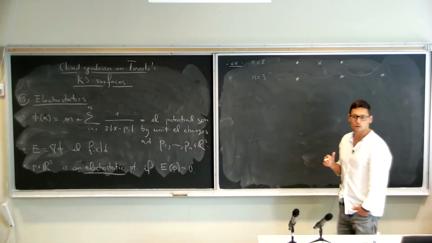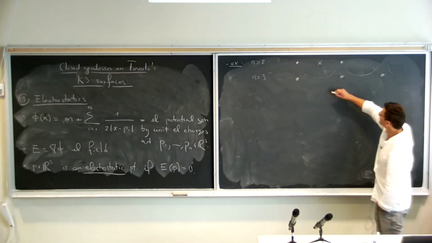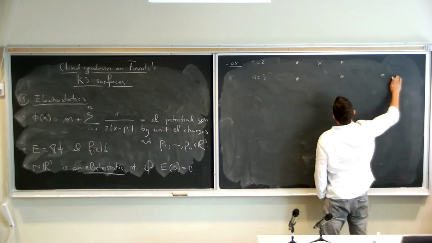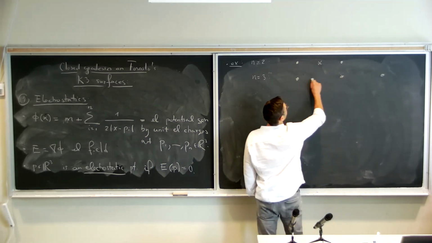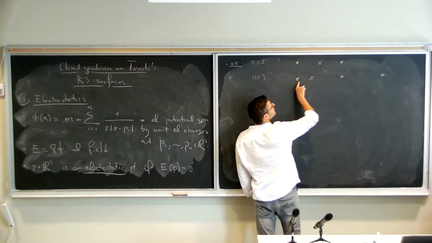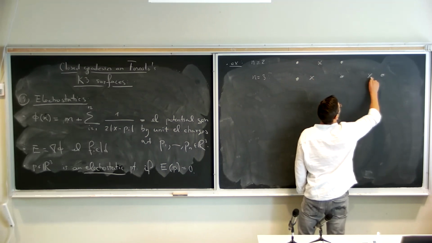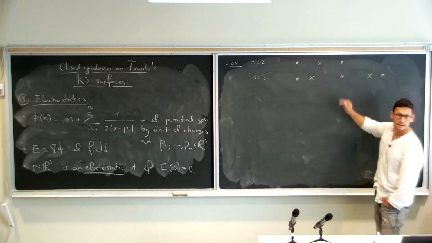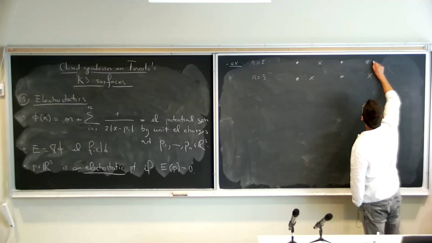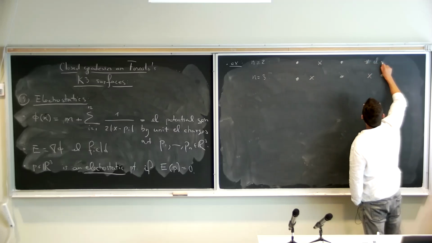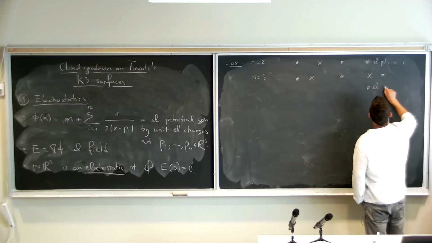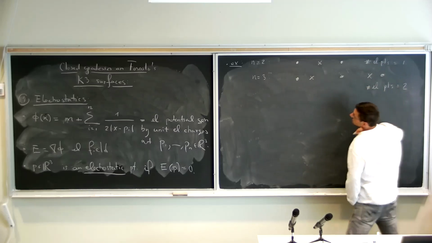So it can have no local minima or local maxima. But there are some electrostatic points. Now they are not exactly in the middle. They are a bit closer to this point because there are 2 electric charges on that side and only one on this one. Somewhere in between there. So we have 2 here. The number of electrostatic points was equal to 1 in the previous case. Here, the number of electrostatic points is equal to 2.